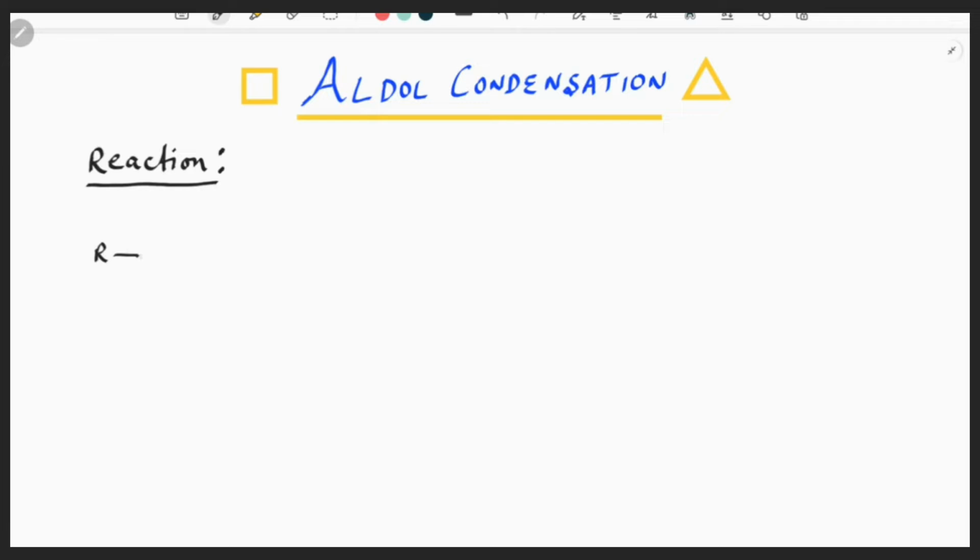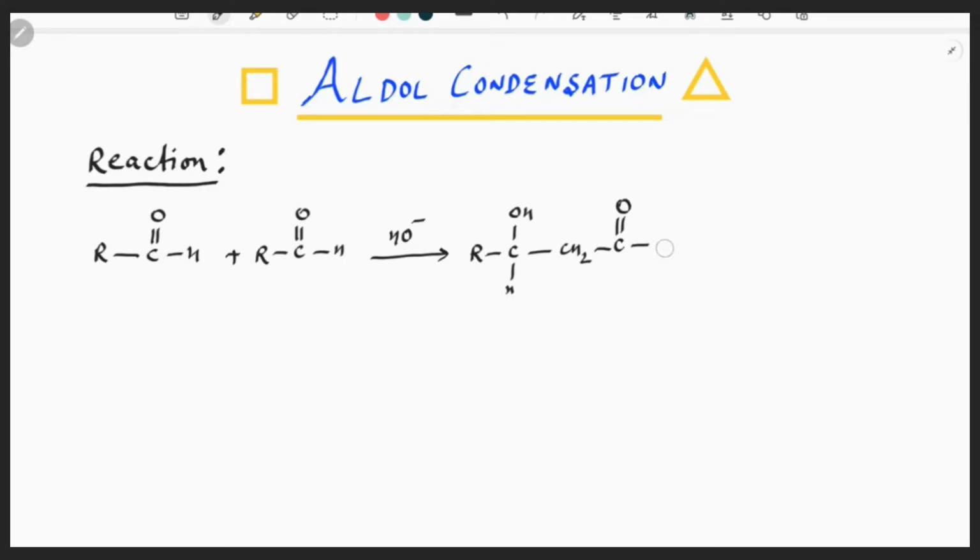In this reaction, two aldehyde molecules react with each other in the presence of a base to produce what we call an aldol. This aldol is basically a beta hydroxy aldehyde.